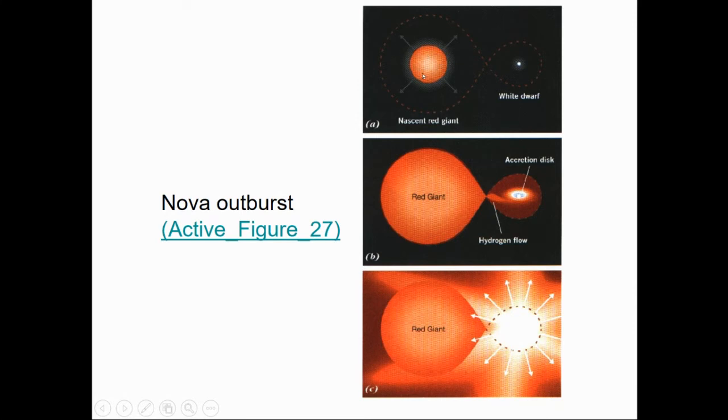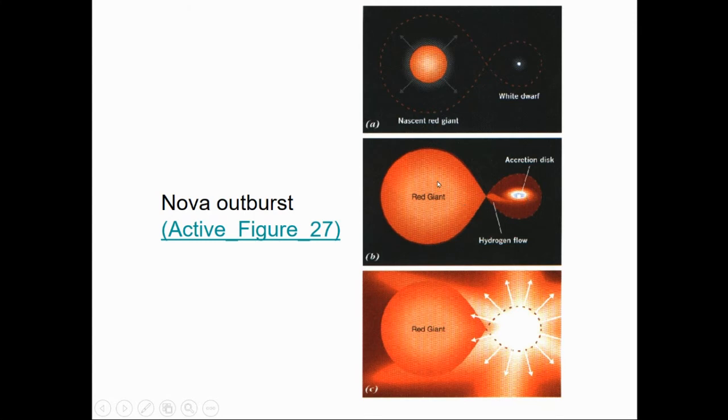Now, when this star is going to lose its hydrostatic equilibrium and it's about to end its life, this white dwarf will work as a center of gravity, and it will accrete material.